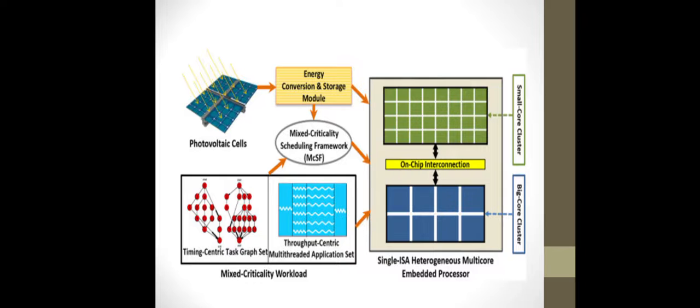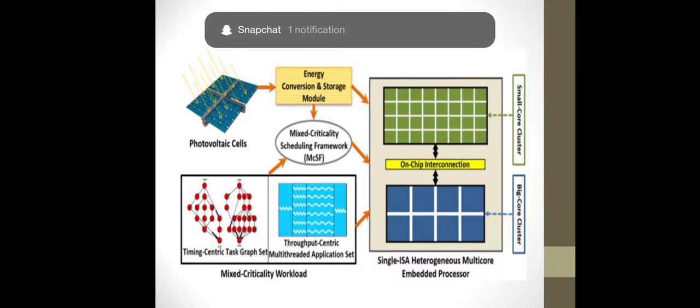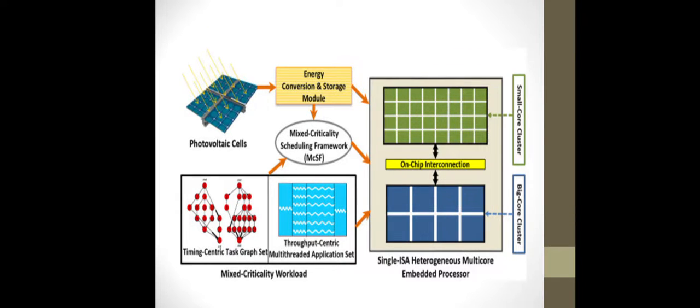Here we can see the chip connection between big core cluster and small core cluster. In the mixed criticality scheduling framework, the workload is a timing centric task graph set and a throughput centric multi-threaded application set.